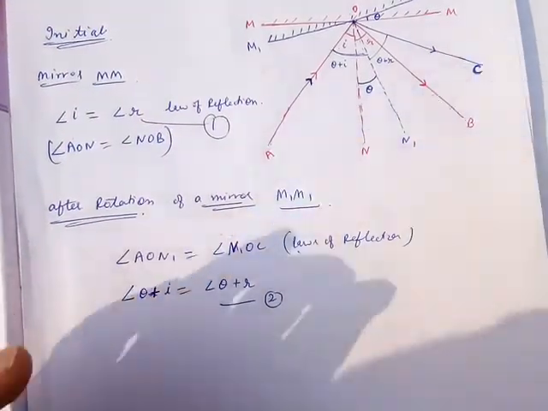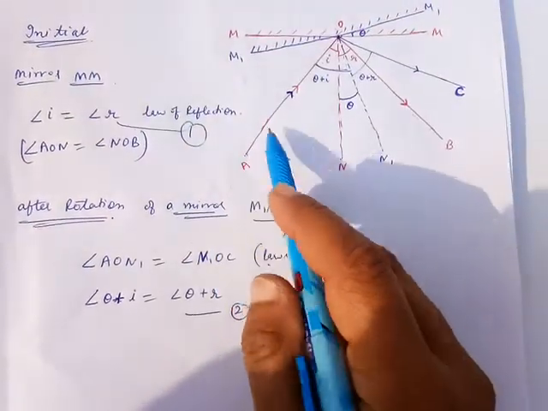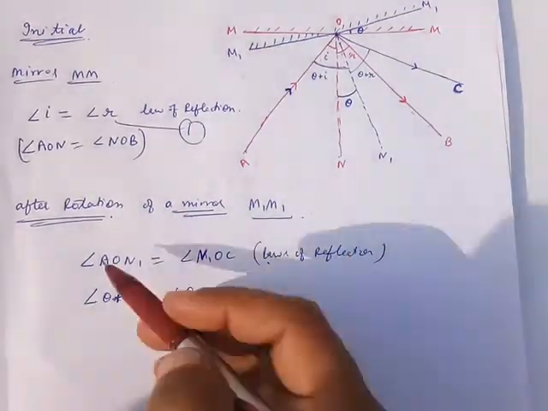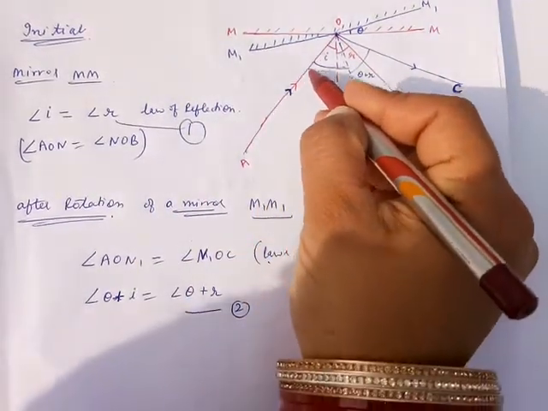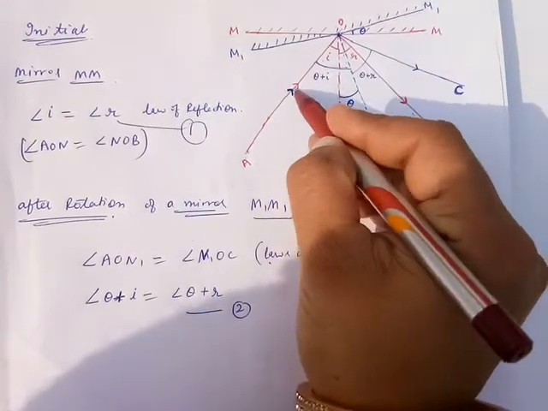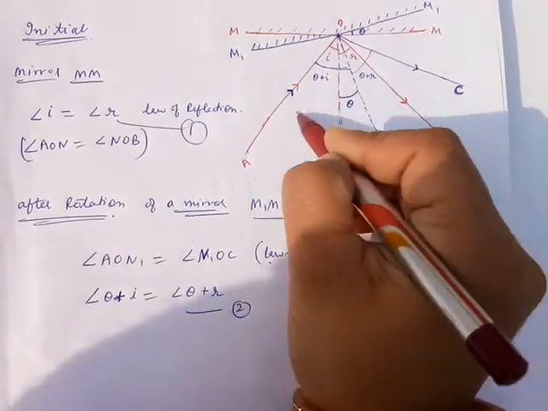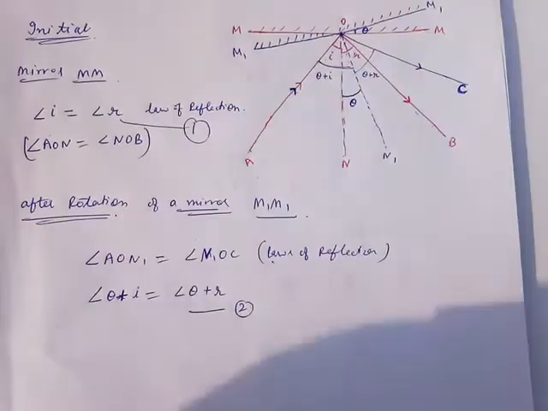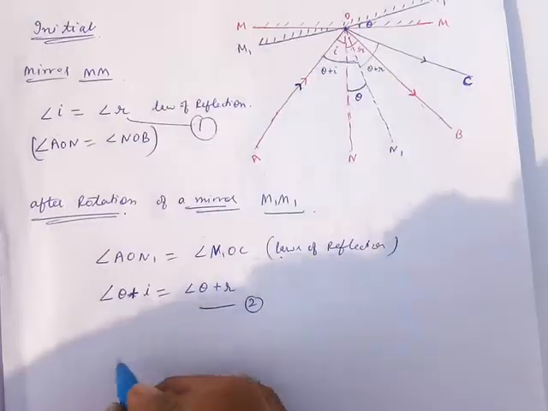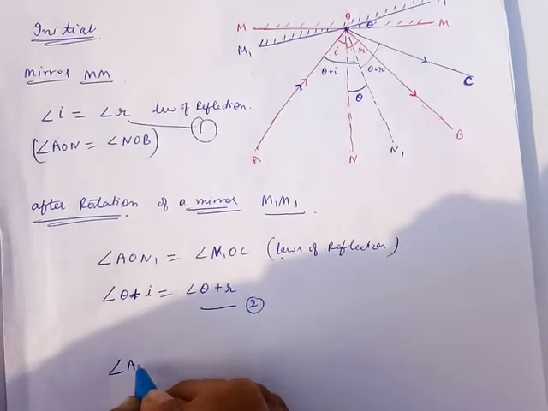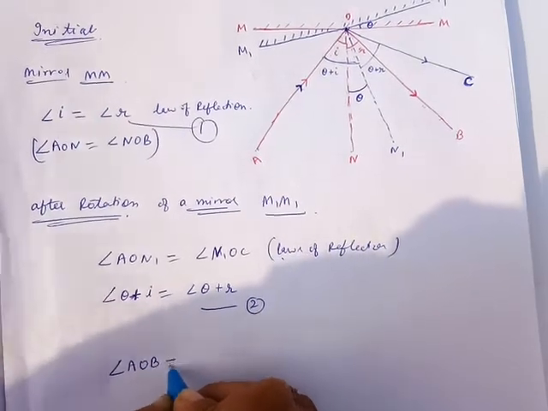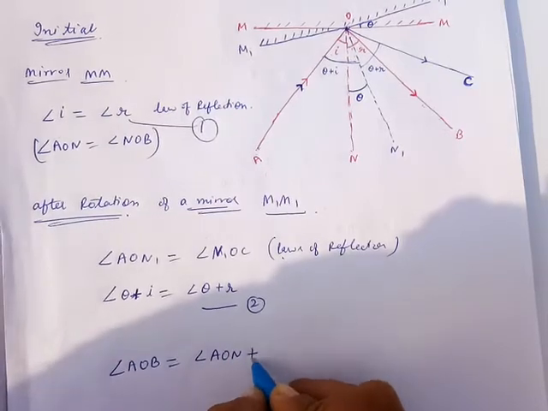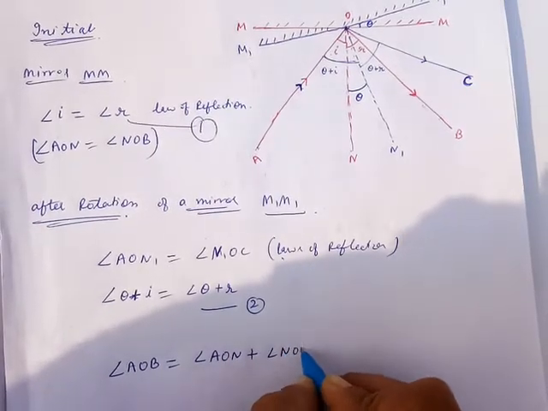So now the total angle AOB. We can say angle AOB is equal to angle AON plus angle NOB.